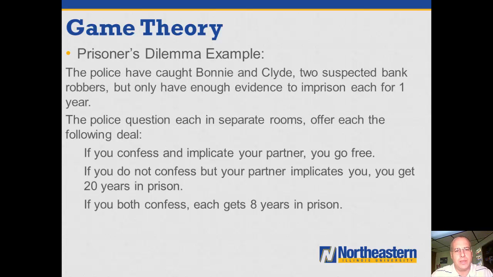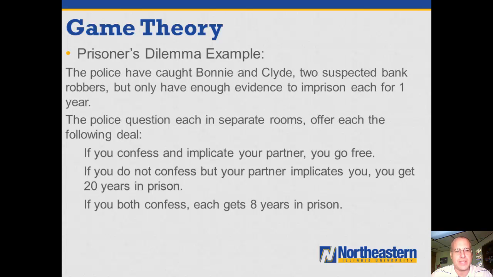We'll start with an interesting and illustrative example of our cartel problem, and this takes the form of the prisoner's dilemma. In the prisoner's dilemma, the way that it's formatted here, the police have caught two bank robbers, Bonnie and Clyde, but they can only imprison them for 1 year, and so they offer each of them the following deal.